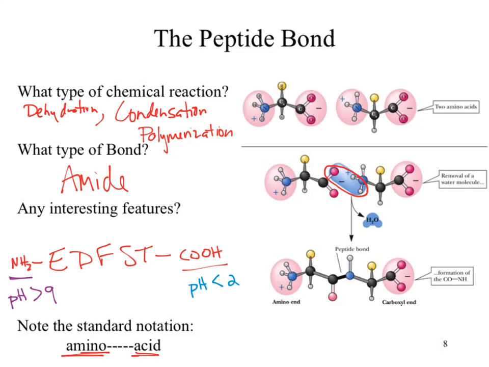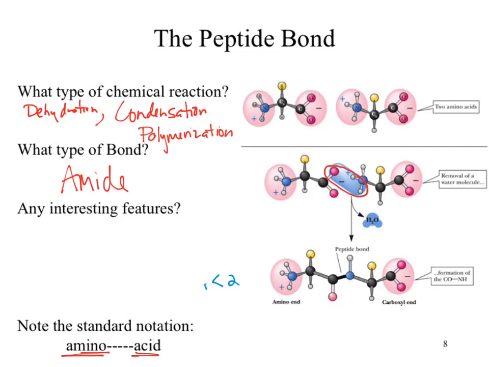Okay. Any interesting features about our peptide bond? Or, sorry, let me clarify that, our amide bond. So I'm going to erase that middle section, and I want to draw in an example amide bond. Yes.